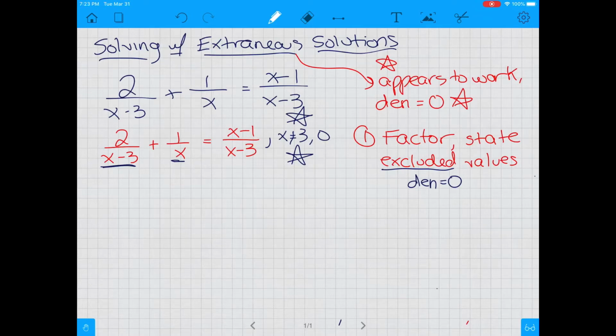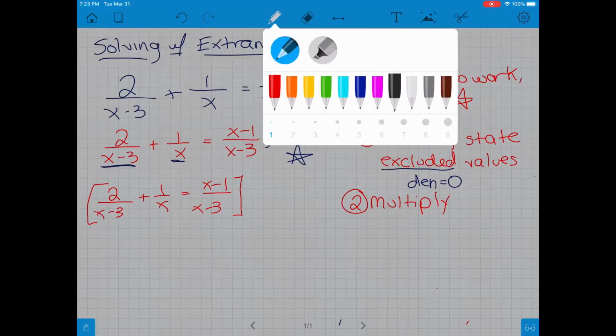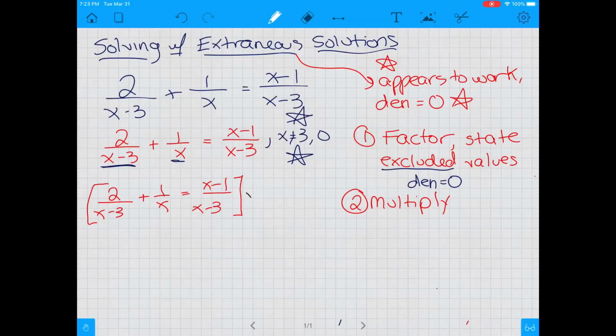So if I come back to my steps, step 2 is still going to be multiply. Let me recopy this down, and then we can multiply both sides. When I look for my unique factors to multiply by, I only have 2, and I'll write those in a different color here: x and x minus 3.